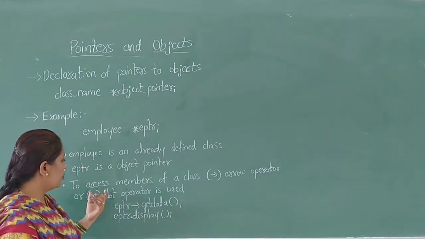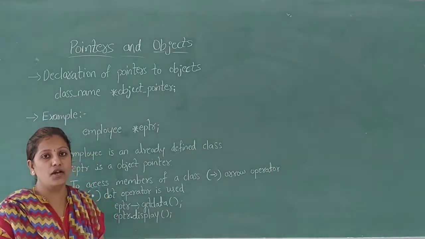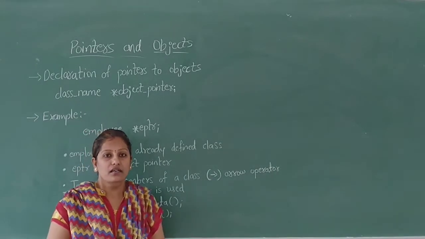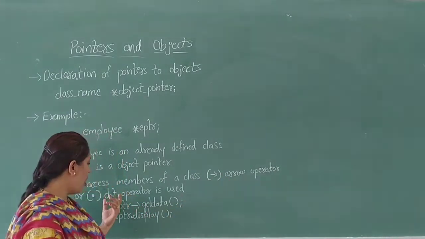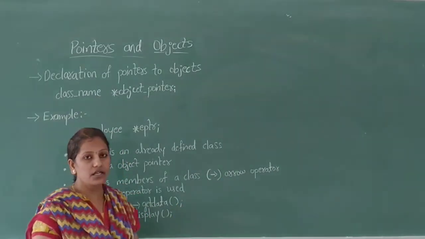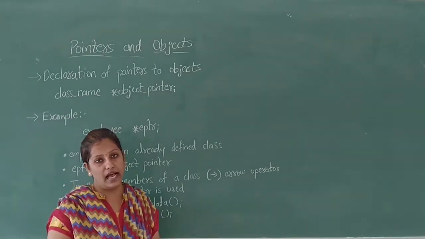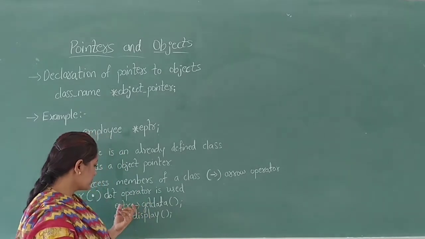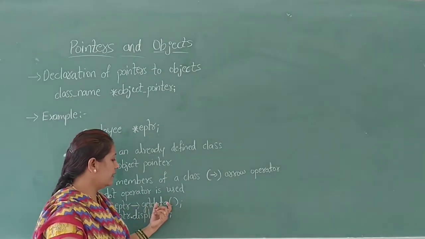To access members of a class using an object pointer, we have to use the arrow operator or dot operator to access the values of members of a class. For example, EPTR arrow operator get data.